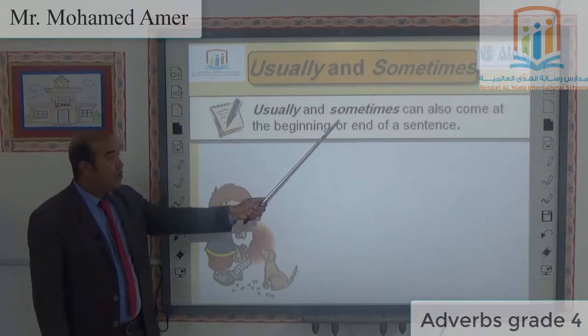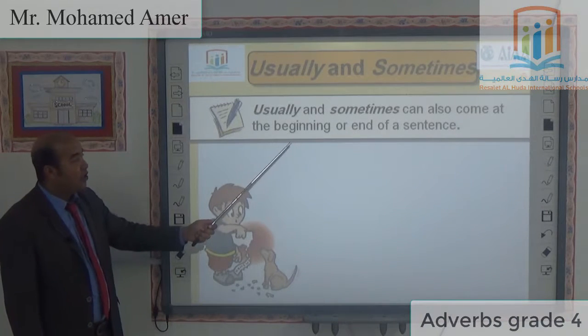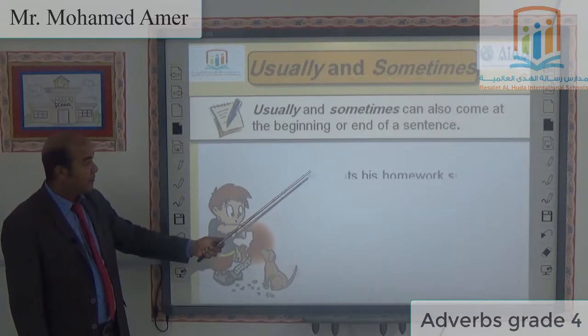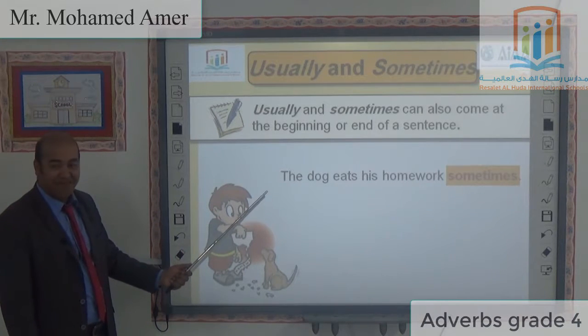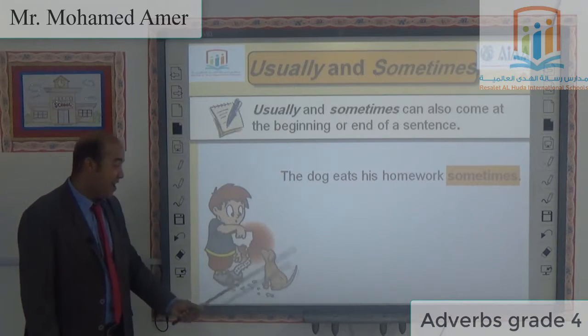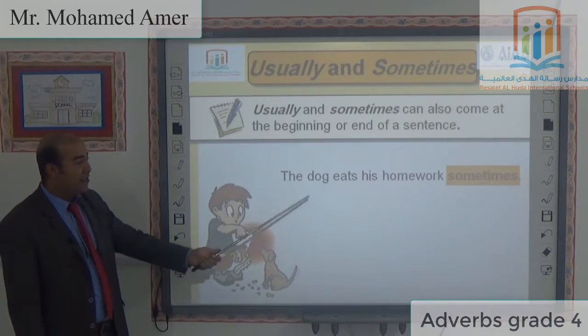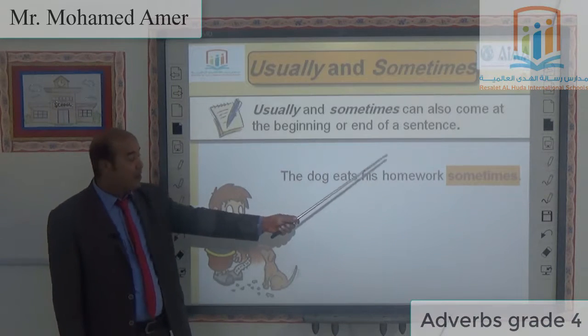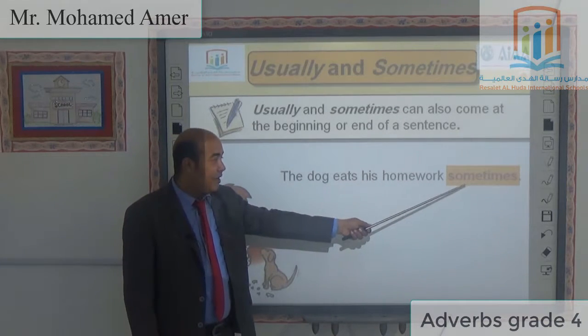Usually and sometimes can also come at the beginning or end of a sentence. Example: the dog eats his homework sometimes. He's a naughty dog. The adverb of frequency is sometimes.